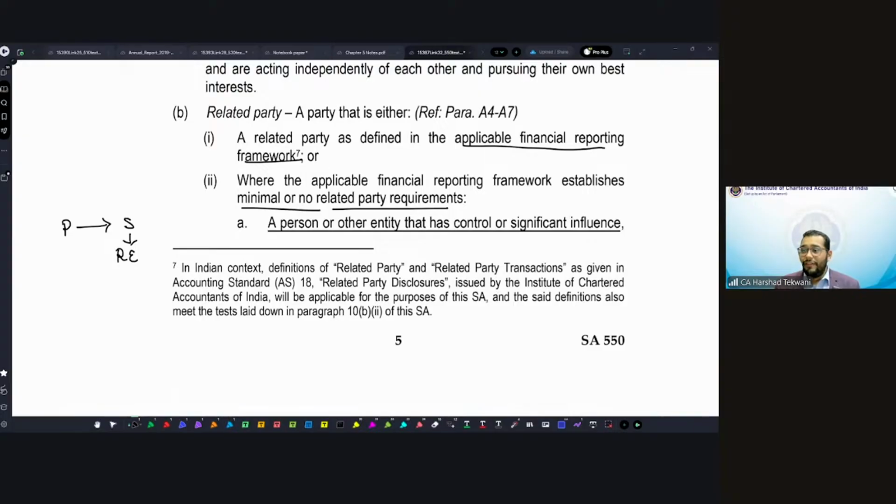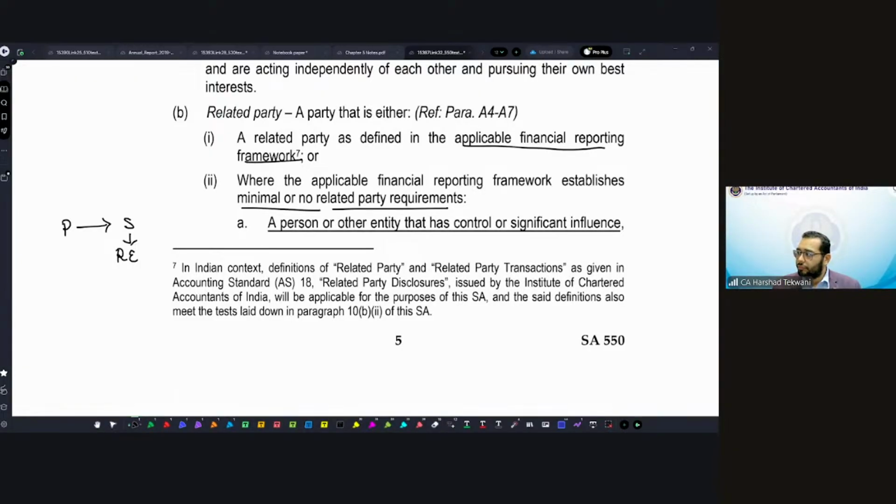Anyone? Why do I want to dwell into related party transactions?